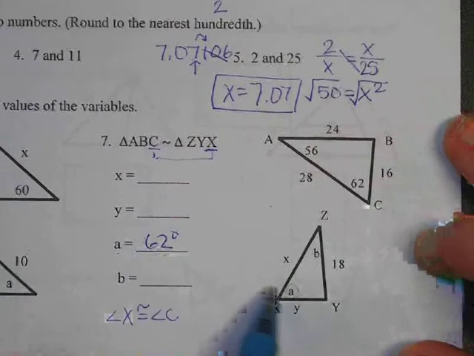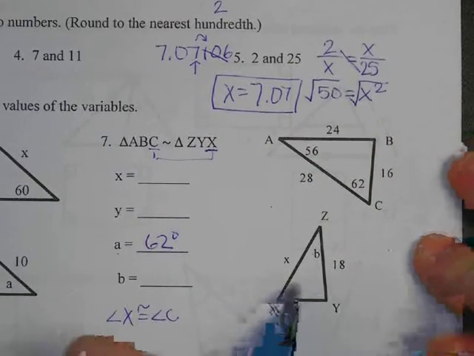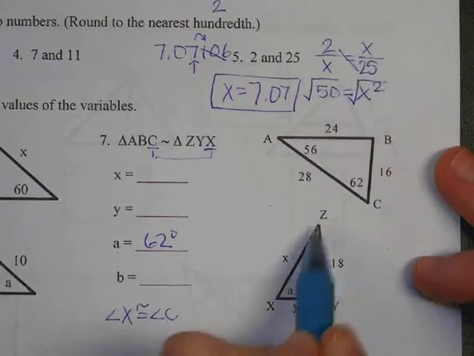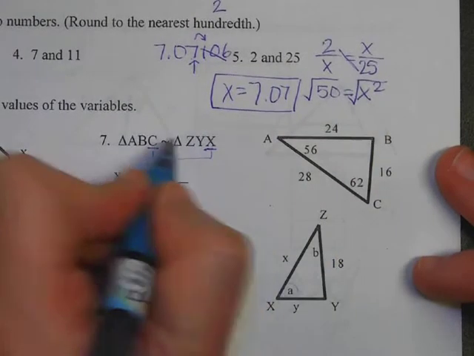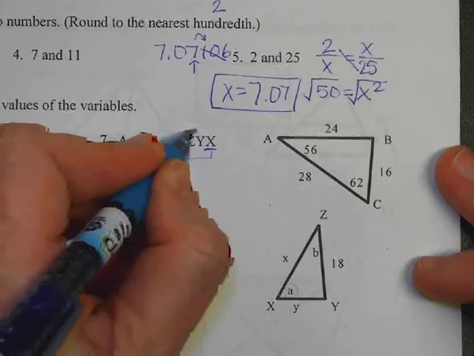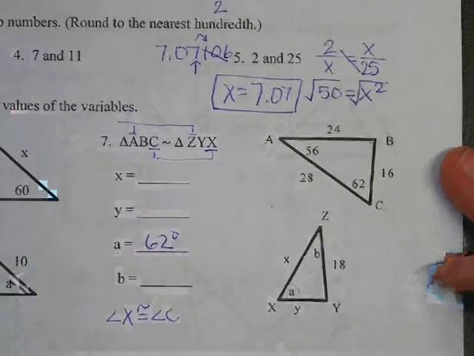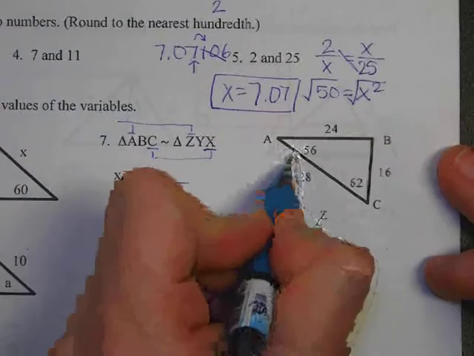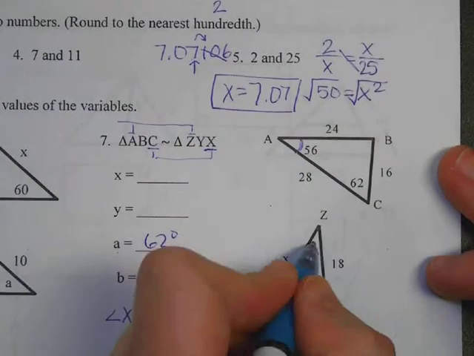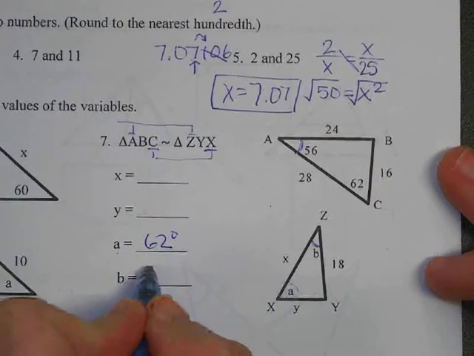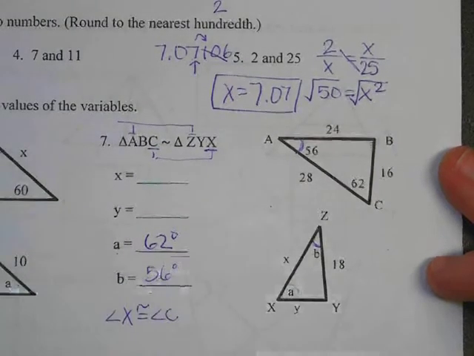Notice how I put a degree sign, because A is representing that whole angle. All right, B is in the Z spot. Z is the first name, which should match the first name in the other triangle, which is A. A is 56, so 56 and B must be equal because A and Z are congruent. So B is going to be 56 degrees.